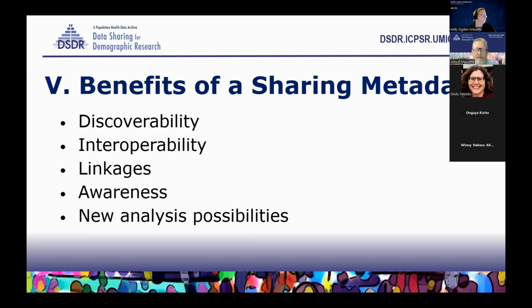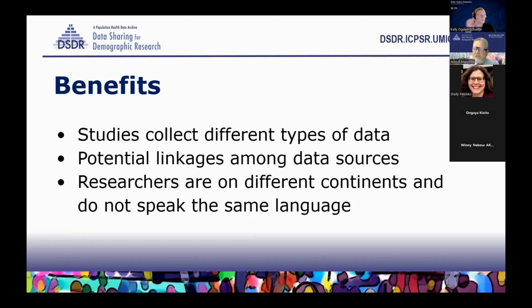So keep in mind that studies, as I was saying before, collect different types of data, with potential linkages. And as I said before, researchers on different continents do not all speak the same language. While the data can be the same, it's nice to be able to expose the data so that it's more accessible to researchers in different parts of the world.